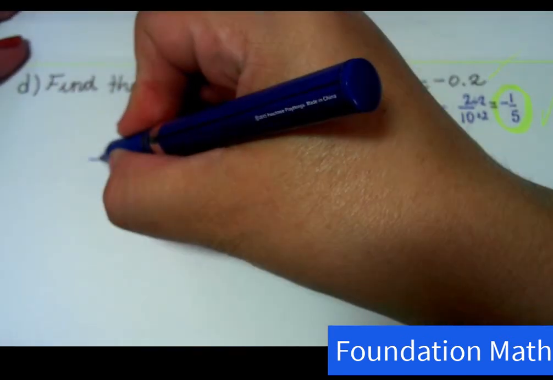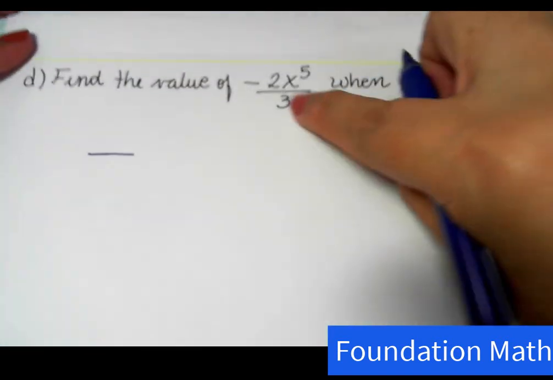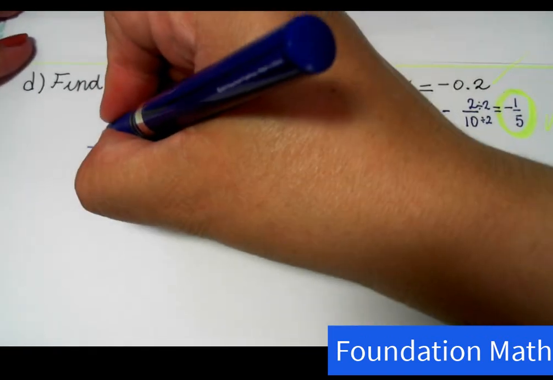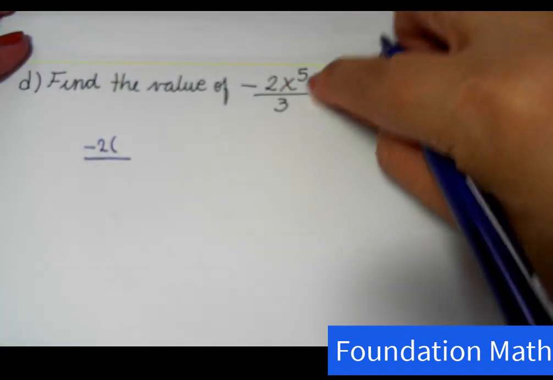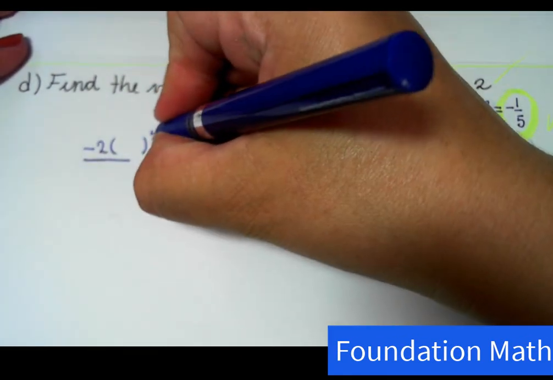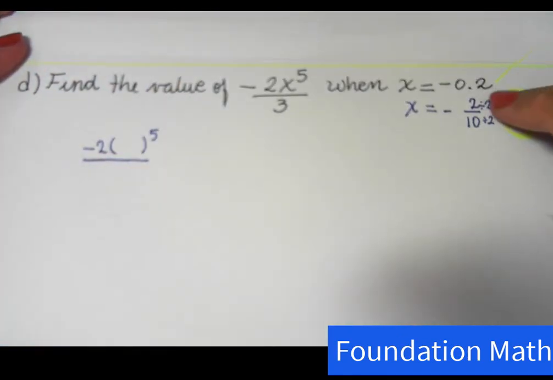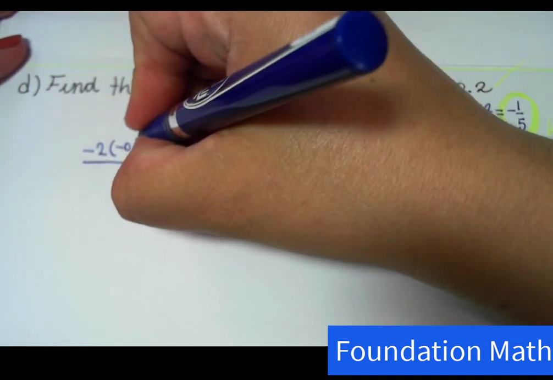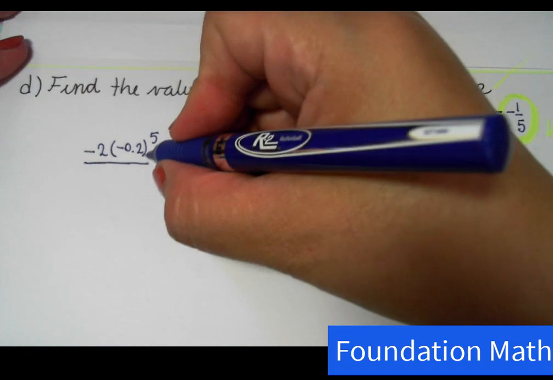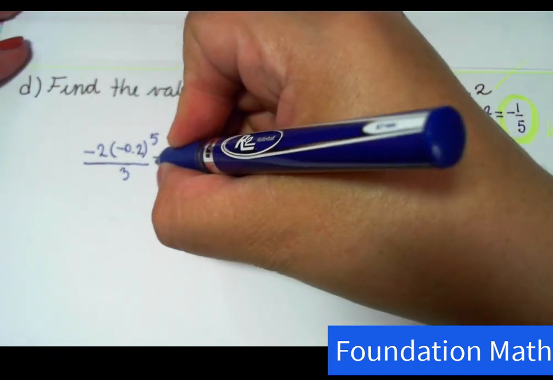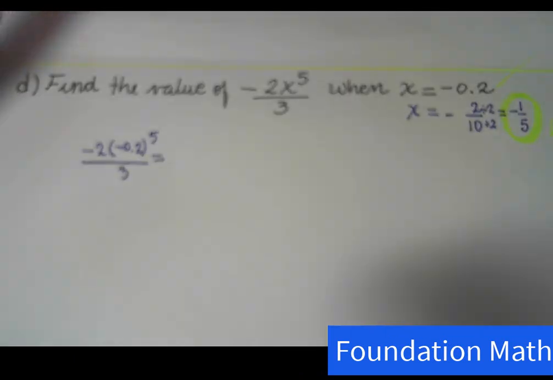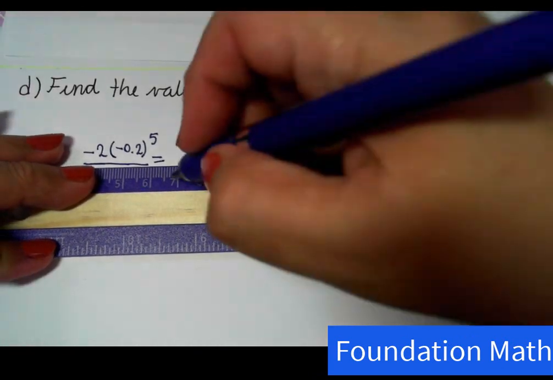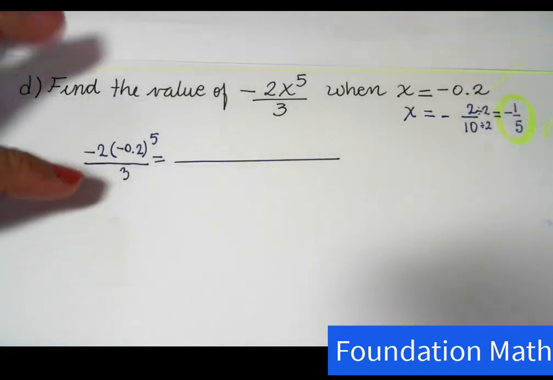So we have the fraction here, the same, negative 2 times x with exponent 5. The value of x is negative 0.2, over 3. So I'm going to extend here the fraction.